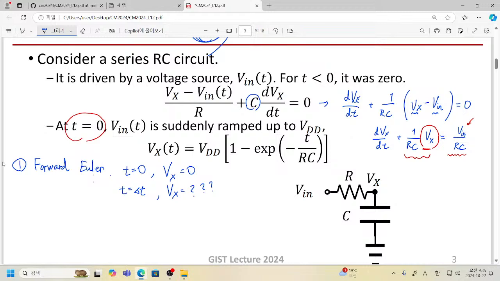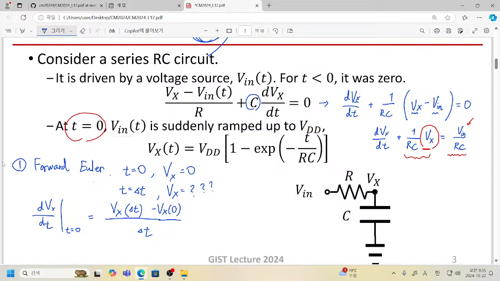So if we follow this way, we must consider dVx/dt evaluated at what? Evaluated at t equal to 0, not t equal to delta t. So in this case, what is it? This is given by Vx evaluated at delta t minus Vx at 0, divided by delta t.